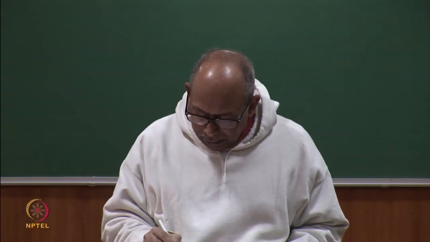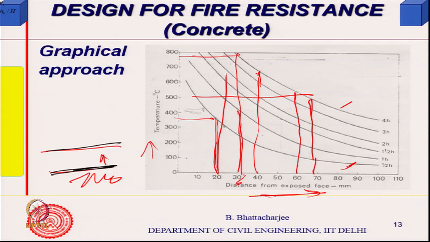For example, if my cover depth is 30 mm, for the kind of concrete that they tested, and 550 degrees centigrade is my critical temperature criterion, then I draw a line at 550 and 30 mm.